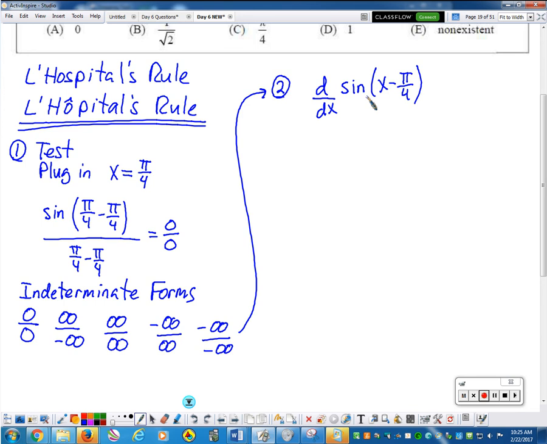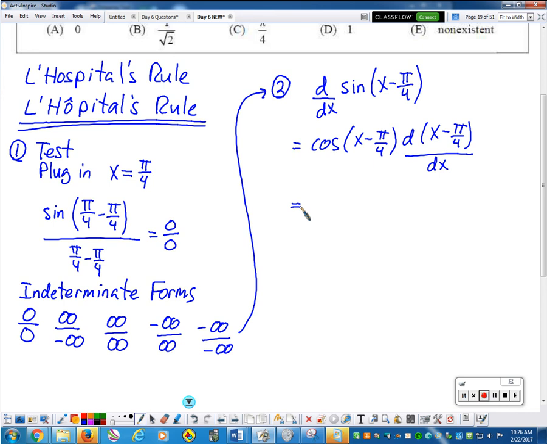So the derivative of the sine is the cosine. So this is equal to the cosine of something multiplied by the derivative of that something. Questions? Please, Soren. So you only take the derivative of the numerator.